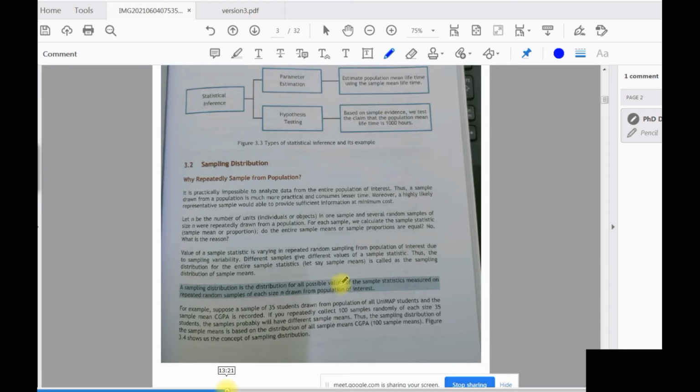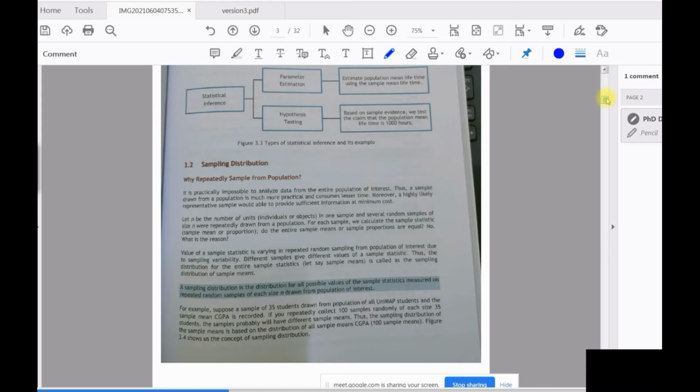Sampling distribution. What is a sampling distribution? A sampling distribution is a distribution of all possible values of a sample statistic measured on repeated random samples of each size drawn from the population of interest.